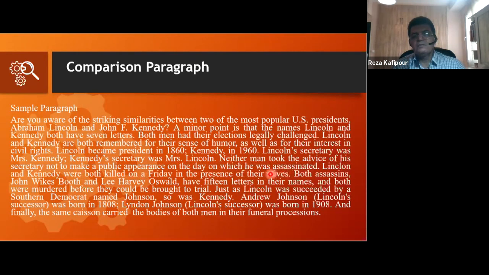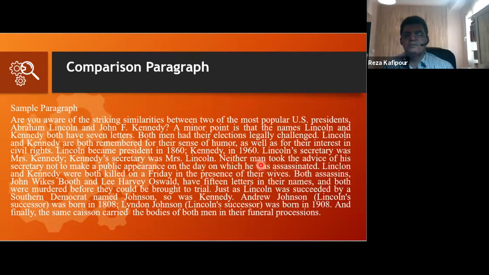So to compare two persons that both believe in a specific idea, we use neither here. Neither man means none of them took the advice of his secretary not to make a public appearance on the day on which he was assassinated.